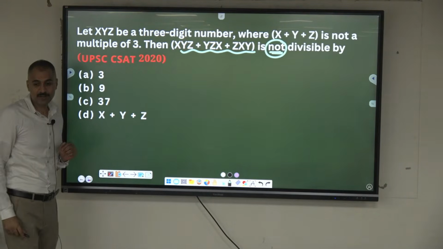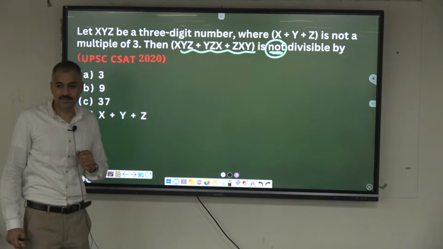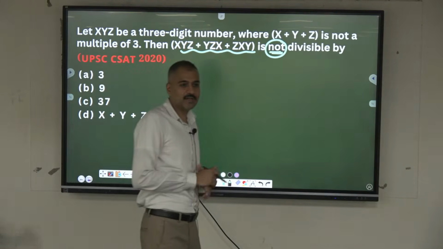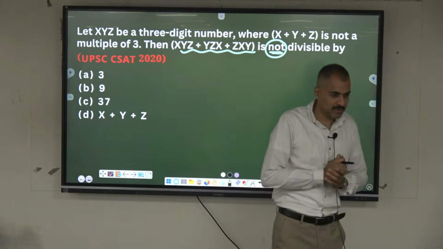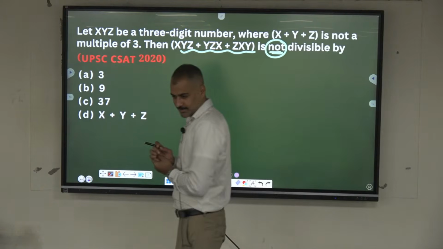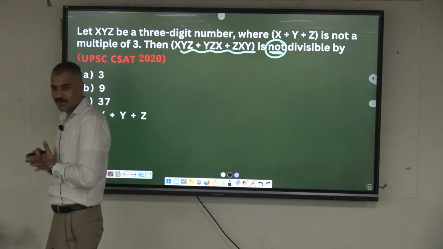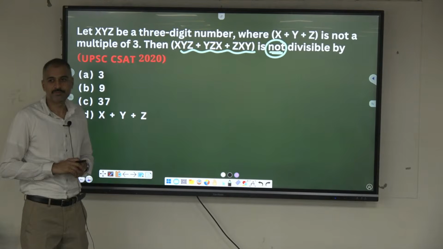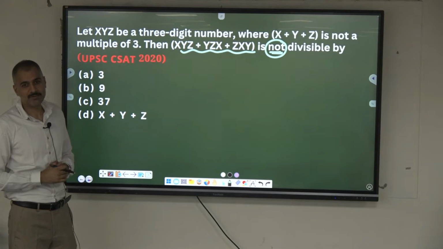If you are already familiar with this concept, anybody? These kind of numbers are always divisible by what? 111. This is a concept of 111, isn't it?